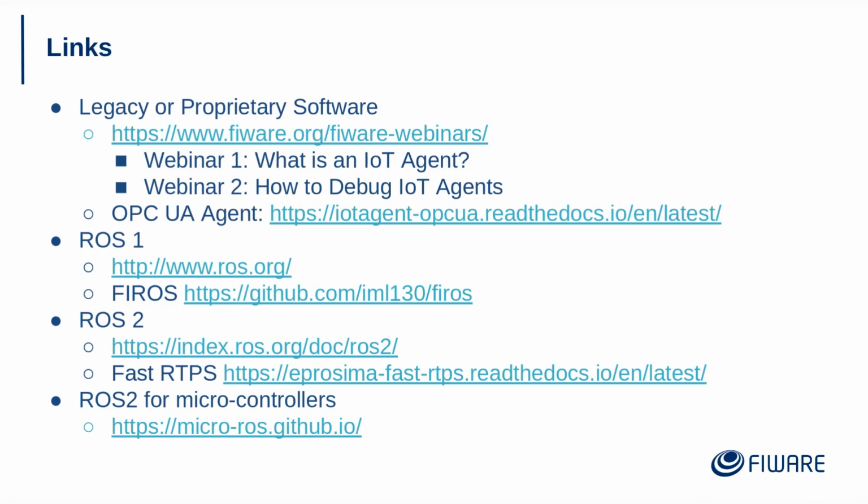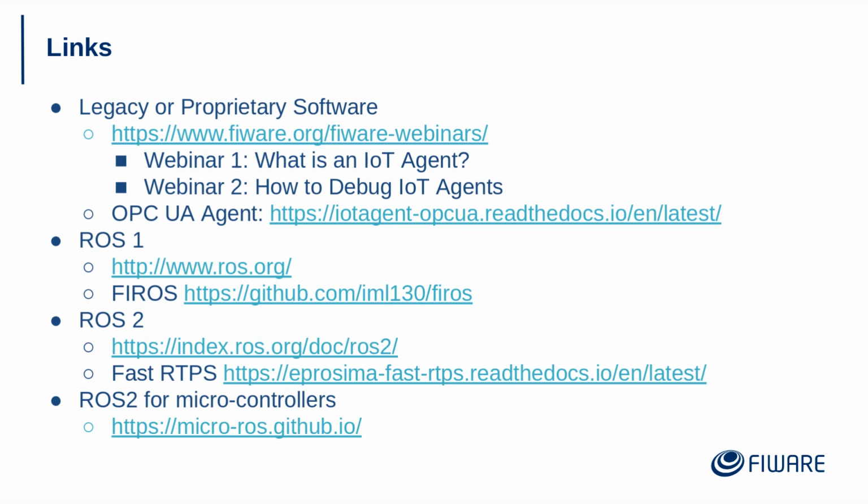If your option or alternative was the legacy or proprietary software, I recommend you to visit the FIWARE webinars associated with IoT agents. And also you can access here the information related to the OPC UA agent.